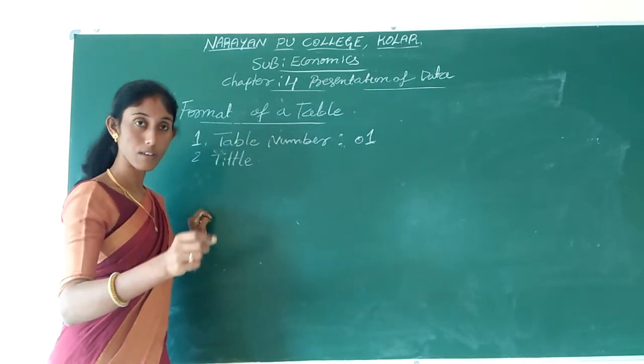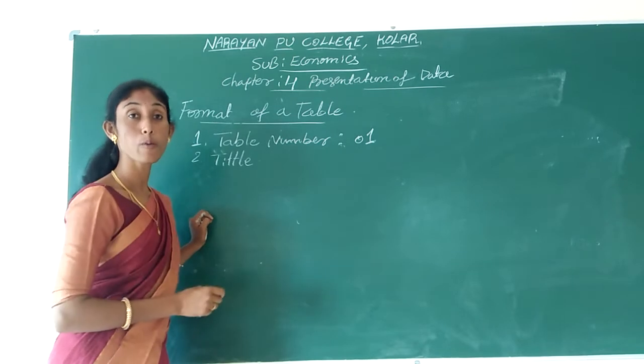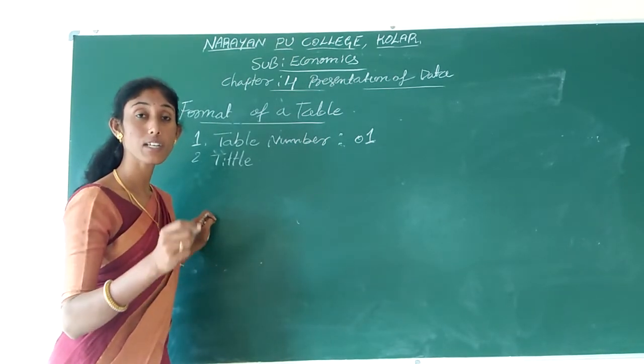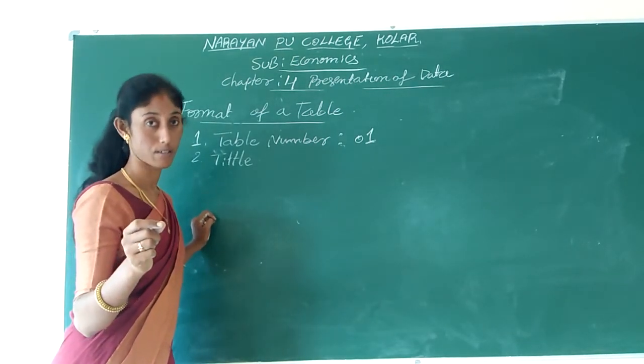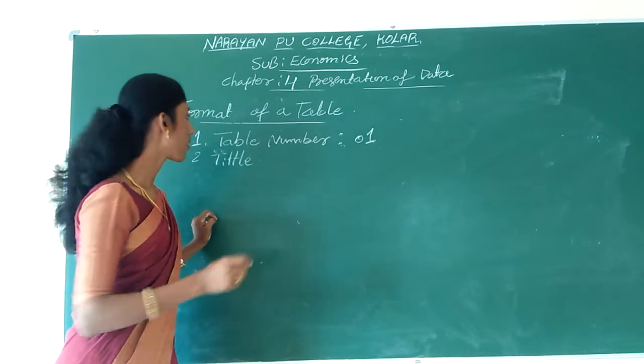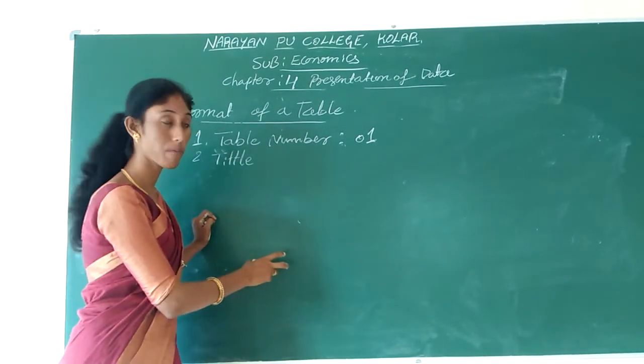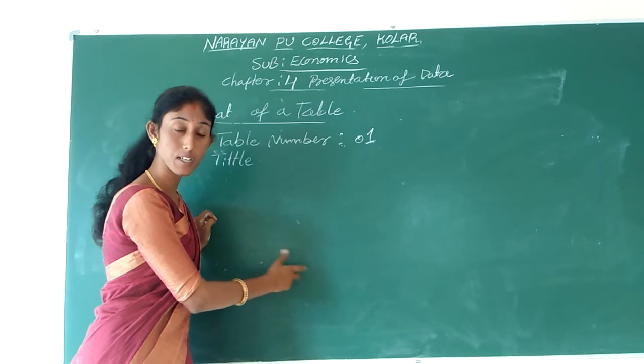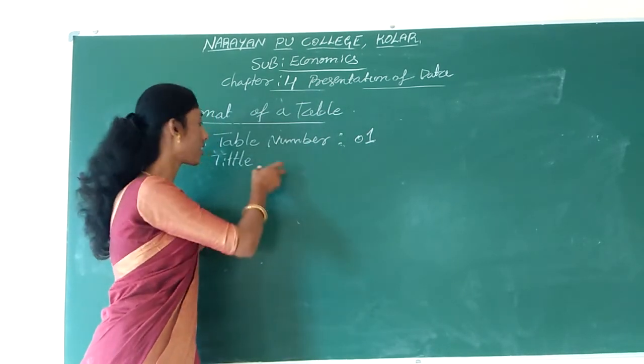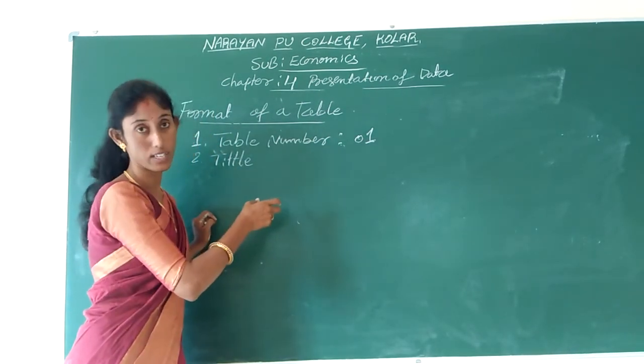Got it? For example, in the table I am going to present the life expectancy rate of Indians. Then what title should I give? If the table is representing the life expectancy of one country, then the title must relate to that only.